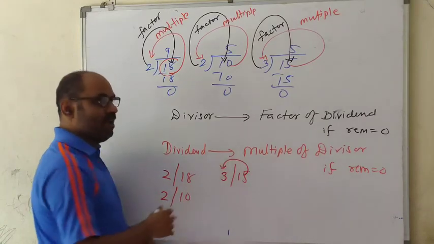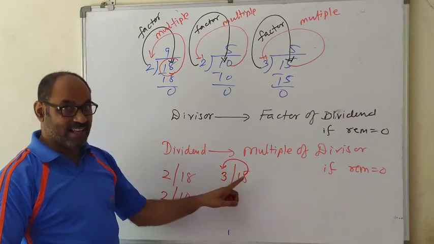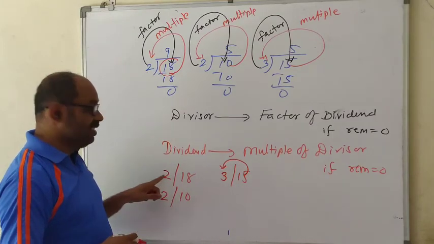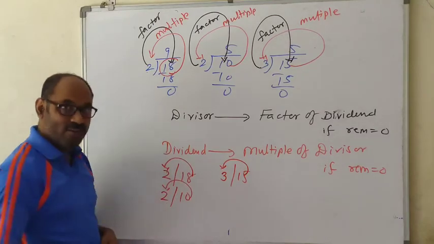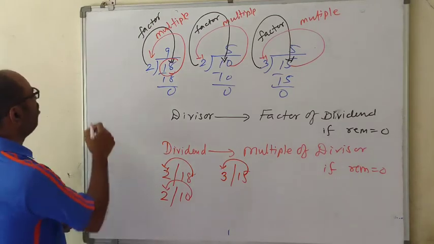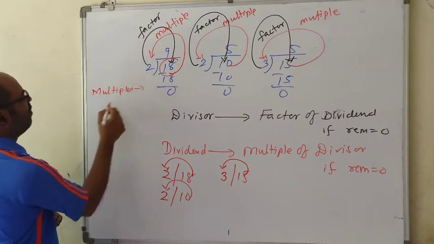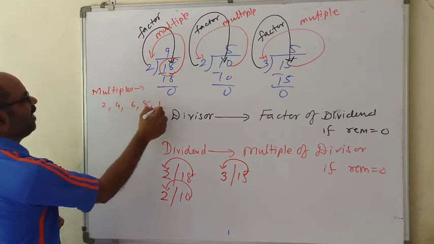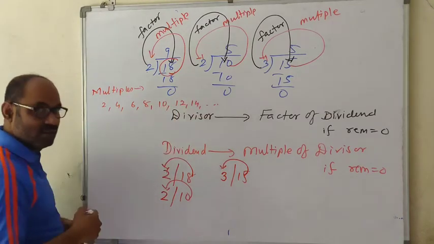15 is a multiple of 3. If 3 divides 15 exactly, 15 is a multiple of 3. 18 is a multiple of 2, and 10 is a multiple of 2. Children, how to express multiple, please? Which are the multiples of 2? 2, 4, 6, 8, 10, 12, 14 and so on.